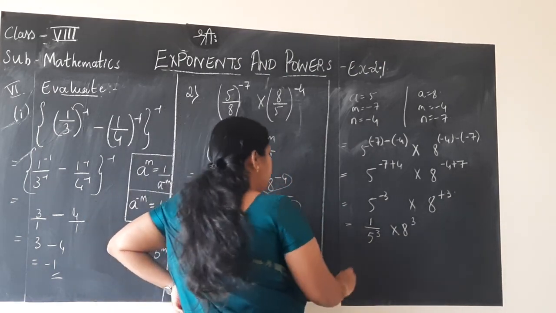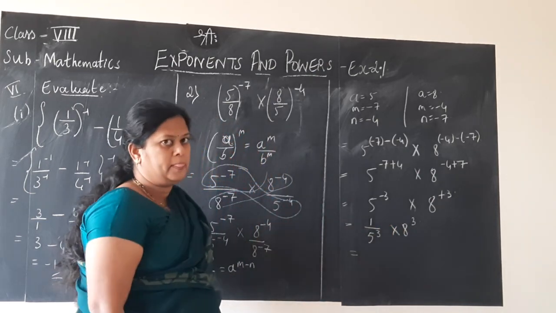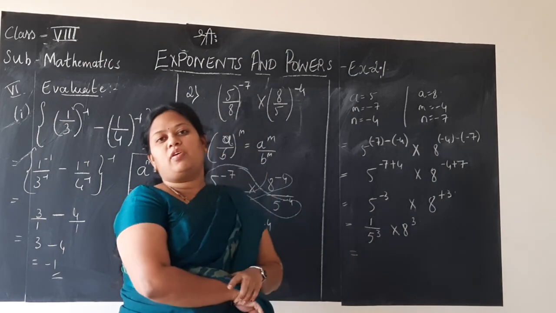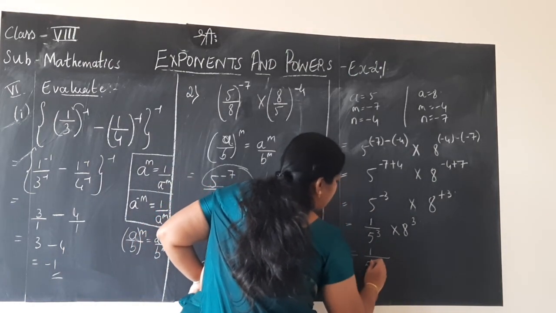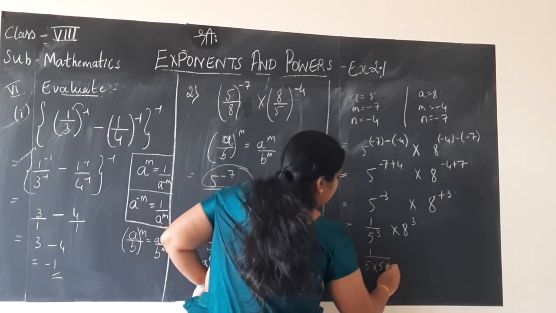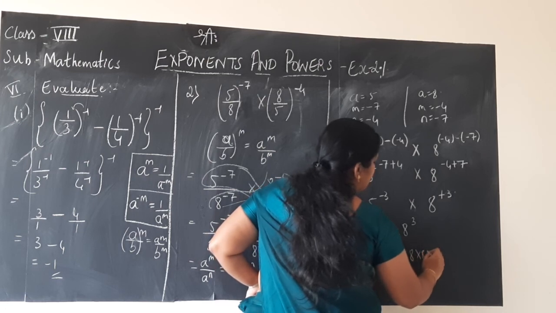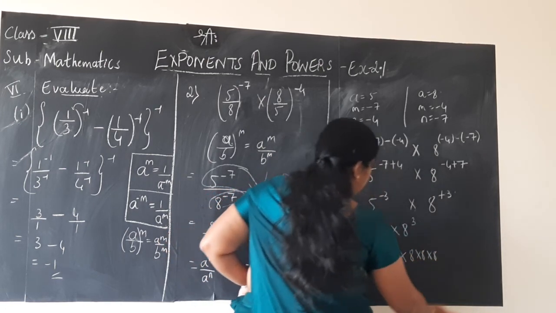So, now 8 and 5 are different. You need not split 8 and write again as the product. Directly we will do like 1 divided by 5 cube, that is 5 into 5 into 5, in the denominator, and in the numerator 8 cube, which means 8 into 8 into 8. I will write one more step here.